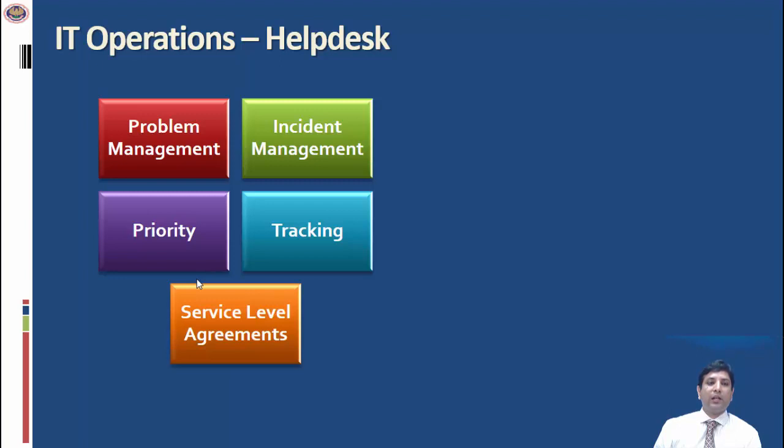So help desks are typically managed through service level agreements, which in many companies are formally defined agreements between the IT organization and the rest of the business. In smaller companies, it could be more informal in nature. So basically, we need to understand what kind of service level agreements exist, that is the turnaround time in which IT is able to react, respond, and resolve the issues, problems, and incidents which are flagged by the users.